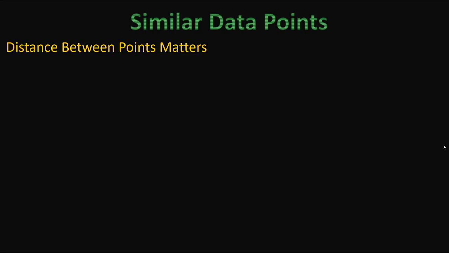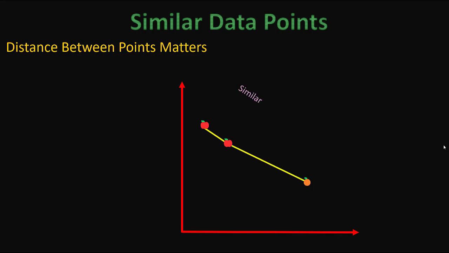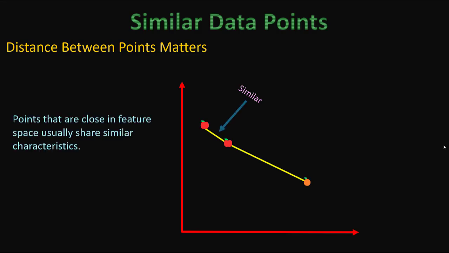Now, why does the distance between the points matter? We'll have this example. These two points, the red ones, are just fruits, so they are similar. Points which are close in feature space usually share similar characteristics. In this particular case, we have these three data points.